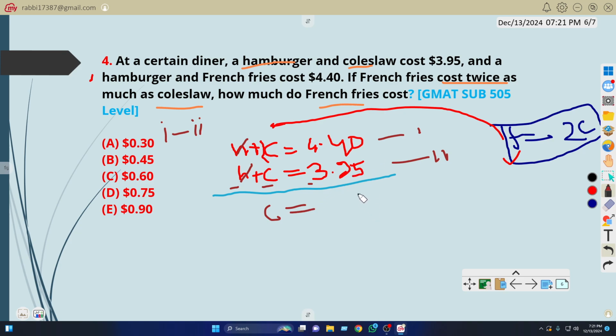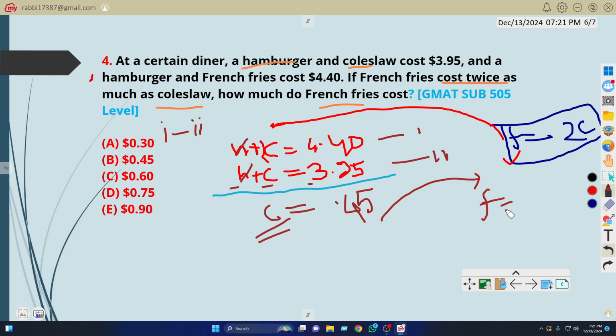Here the difference of 4.40 and 3.95 is 45, so the value of C is 45 cents. So what is the value of the french fry? We put the value of C in F is equal to 2C and find the french fry value.